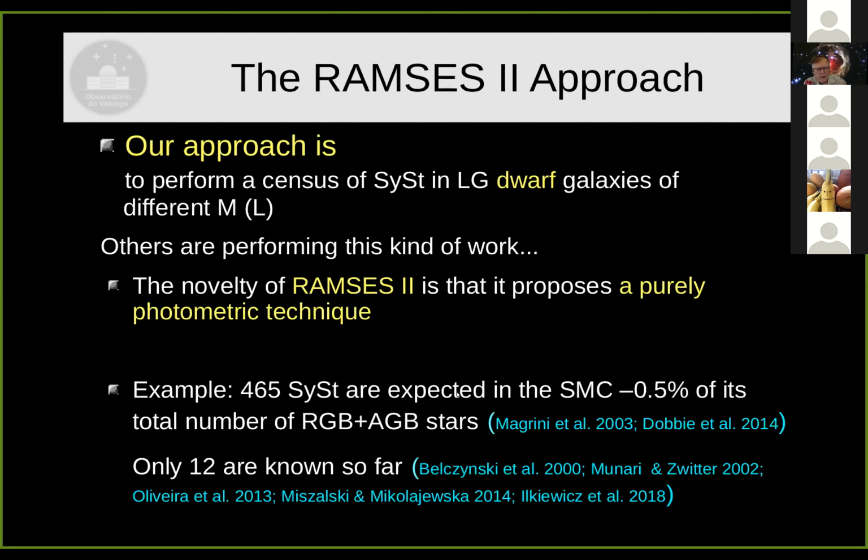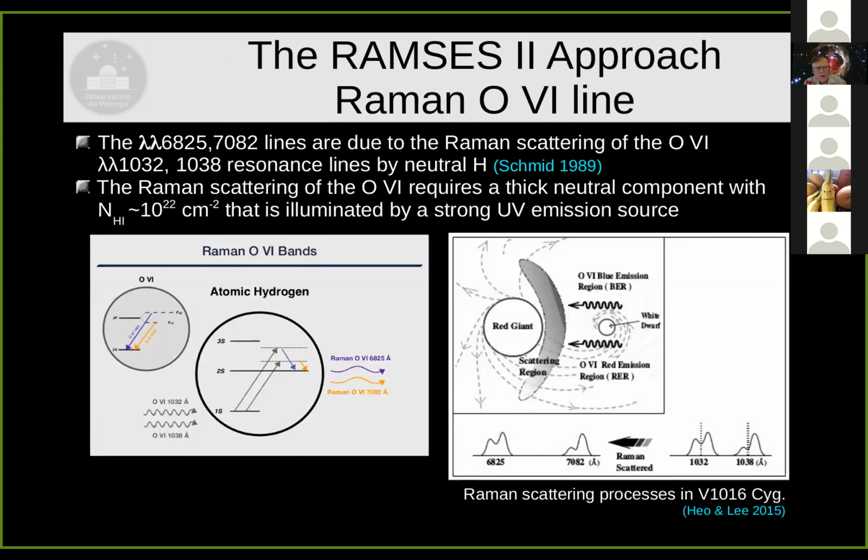What we're trying to do is what you usually do in planetary nebulae, like using the H alpha or O III emission lines, which are very strong, to identify the object. In this case, you use the Raman O VI line, which we see in the optical.